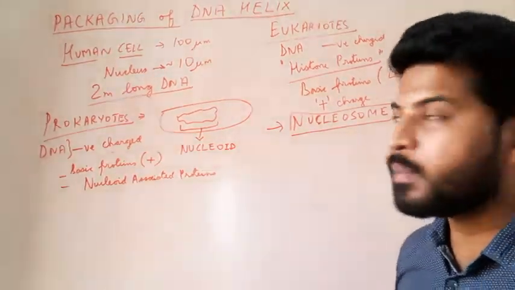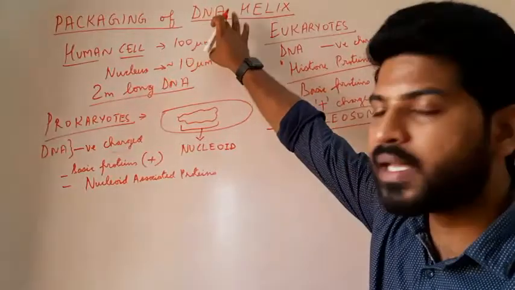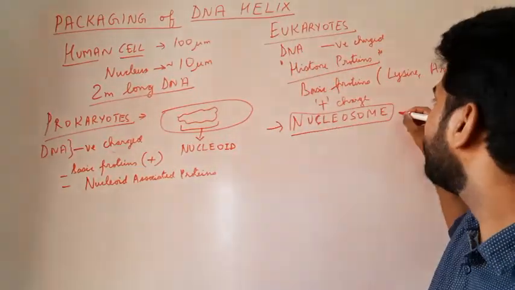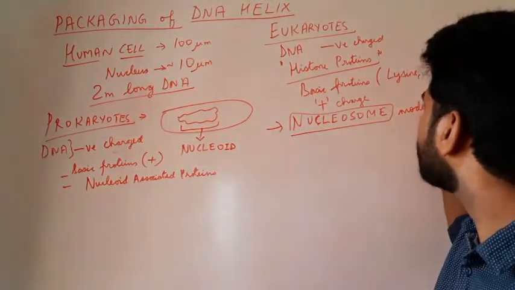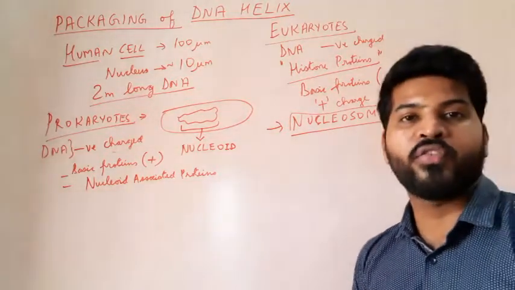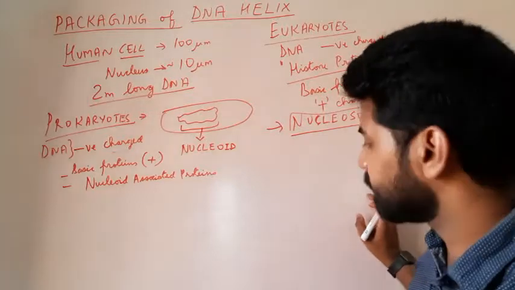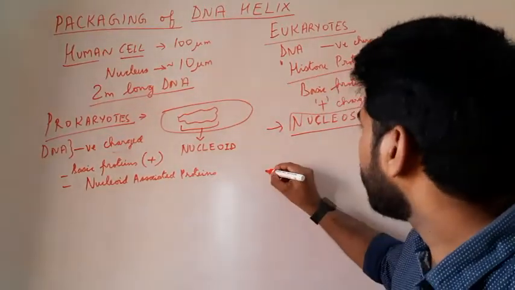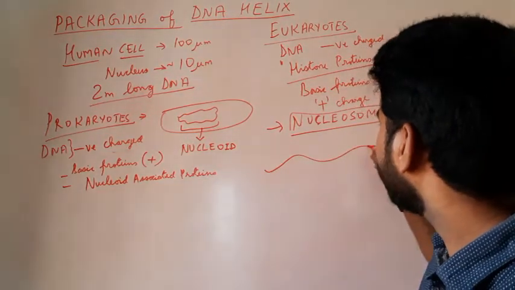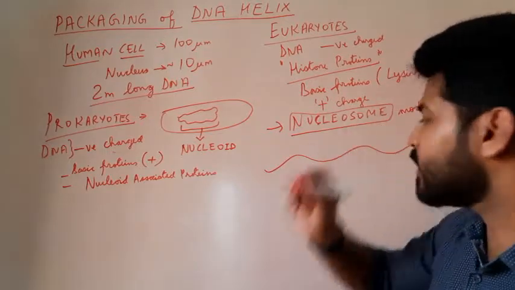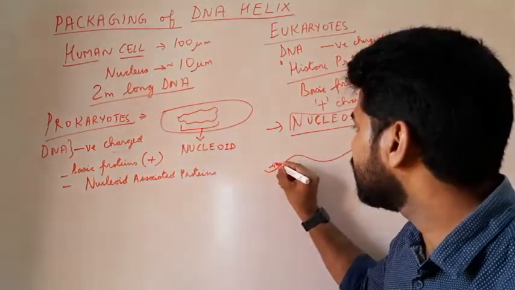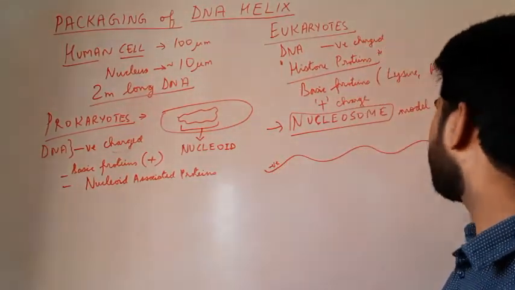So to explain the packaging of DNA inside a human cell, we can use the nucleosomal model of packaging. What is this nucleosomal model? Let us understand this. Let us say this is the length of the DNA which needs to be packed, which has a negative charge throughout.